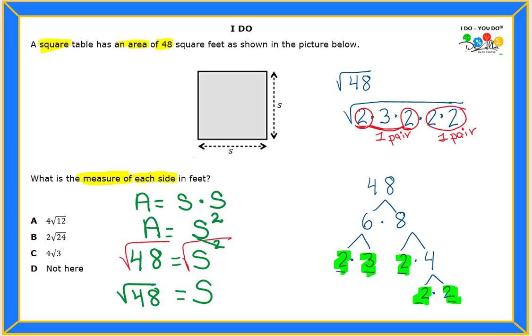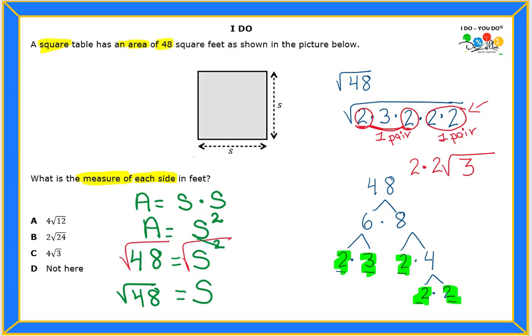Okay? So why do I need to know that those are my only pairs? Because when I bring them outside, I only choose one number to represent that pair. So from the first pair, I'm going to choose a 2. From the second pair, I'm going to choose another 2. And inside the radical, I'm going to leave the 3.